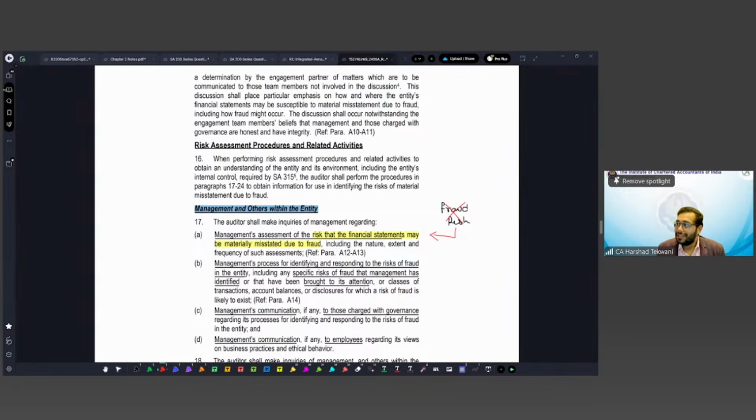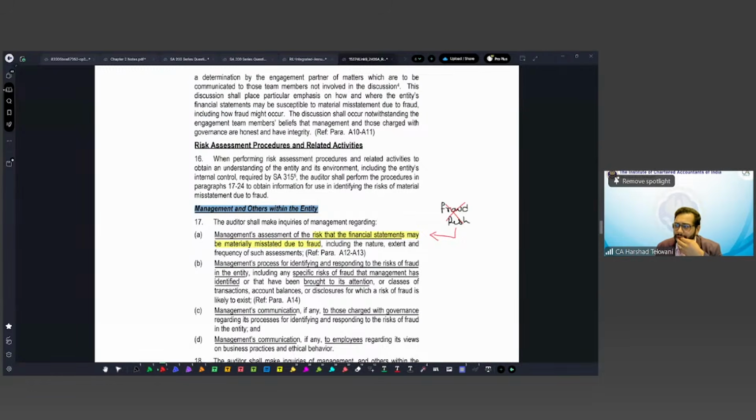Now, second, once we do the inquiries with the management, what will you do? After inquiries, what is the next step? Yeah, we have to obtain appropriate audit evidence for that.